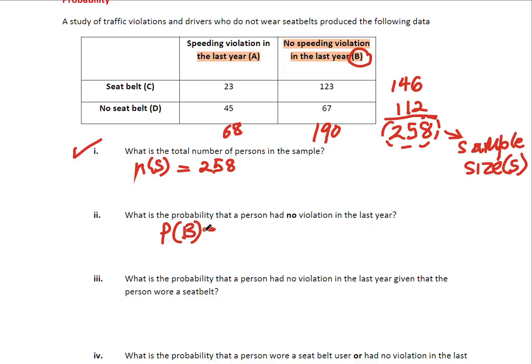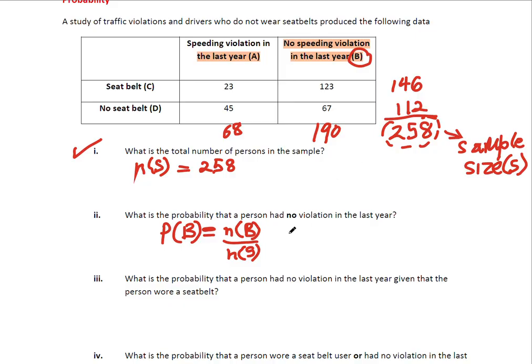So the probability of B would basically be the number of observations in B divided by the number of observations in the entire sample space. In all cases except when it is a conditional probability problem, we will divide by the total number of elements in the sample space to derive the probabilities from tables like these.